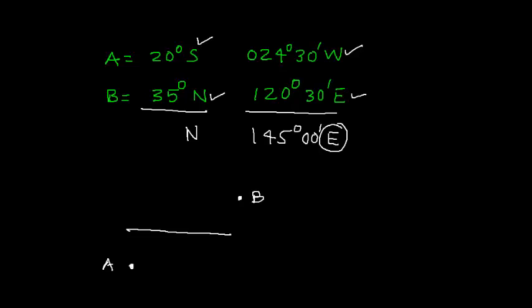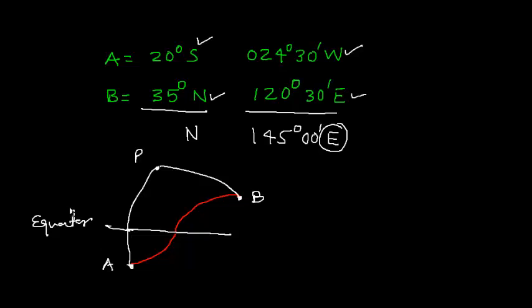How will the curve take place? In the southern hemisphere, the great circle curve is like this, and in the northern hemisphere, the great circle curve is like this. So suppose there is a pole here. Now I can join these 2 points, this way and this way, and this being the equator, that is 0 degree latitude.